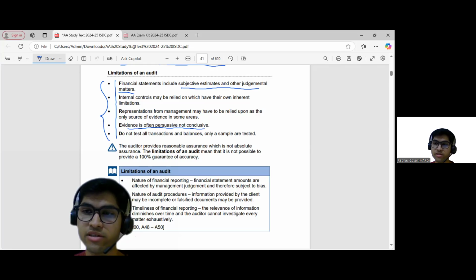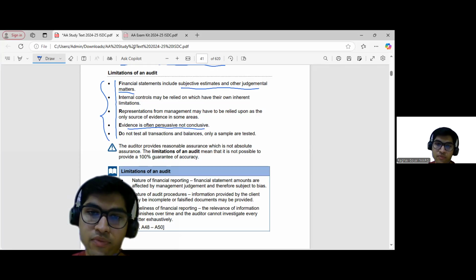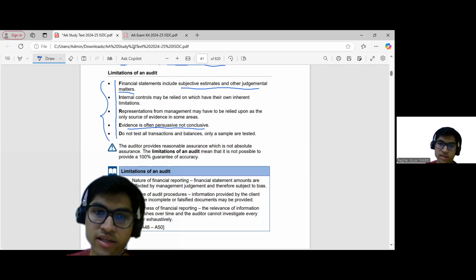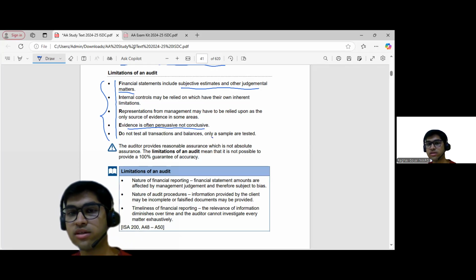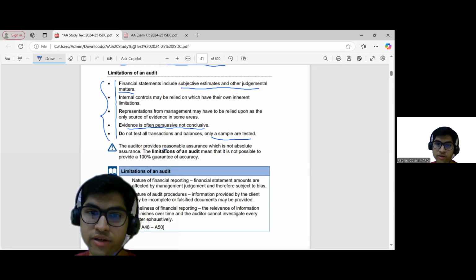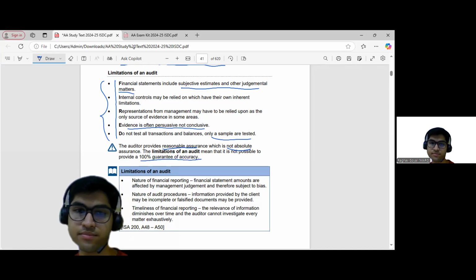So that is a limitation of an audit. And again, it does not test all transactions and balances, only a sample is tested. The auditor provides reasonable assurance, not absolute. It is not possible to provide a 100% guarantee of accuracy.